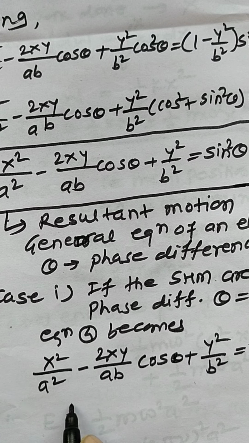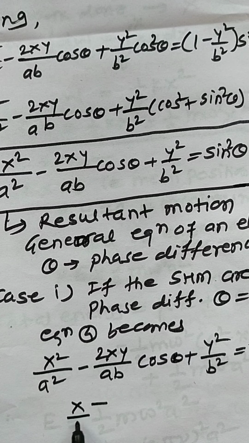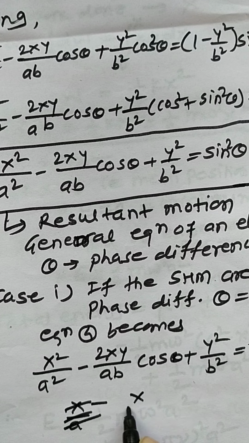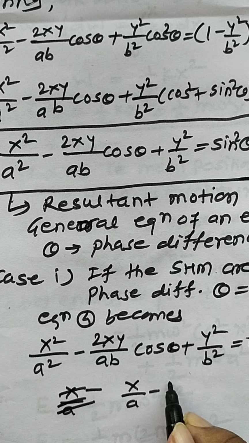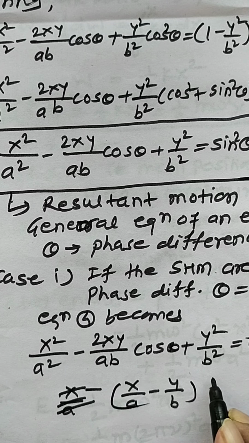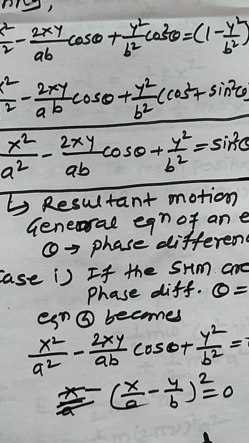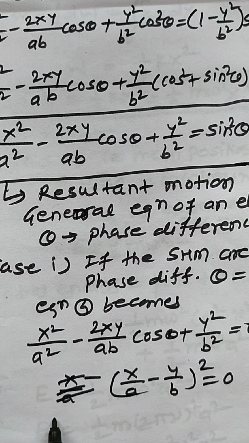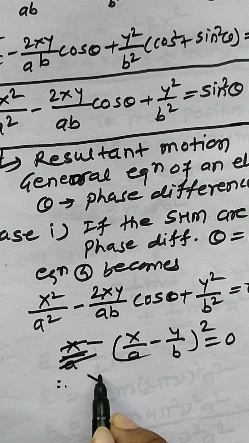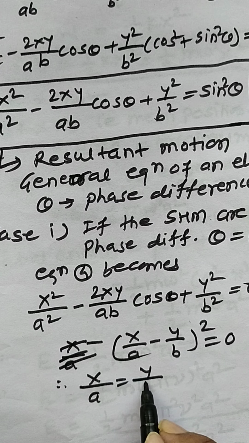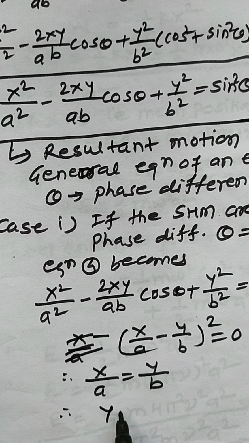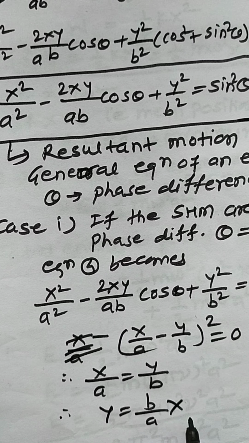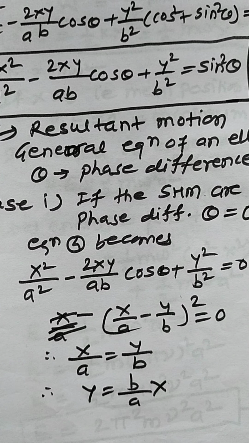So therefore (x upon a minus y upon b) whole square is equal to 0, and so we obtain x upon a is equal to y upon b, and therefore y is equal to b upon a into x.